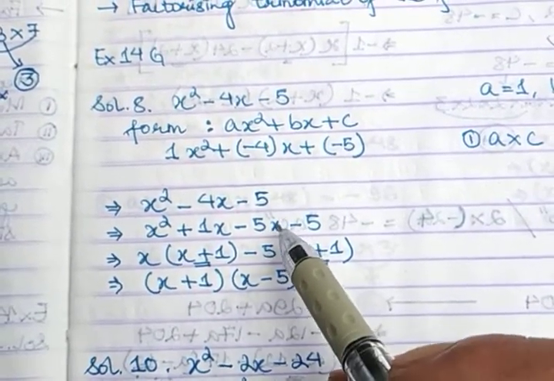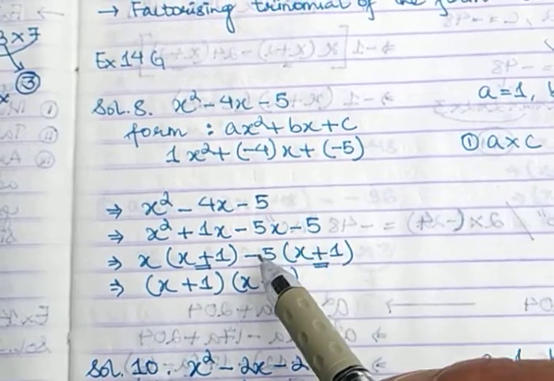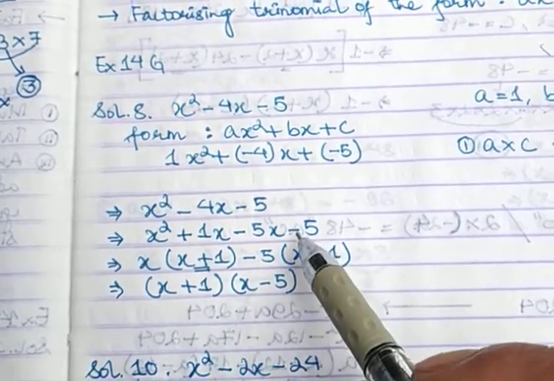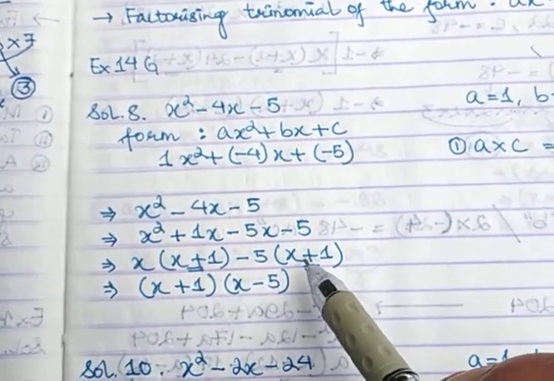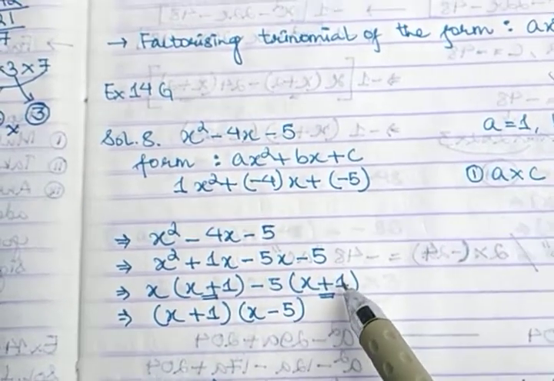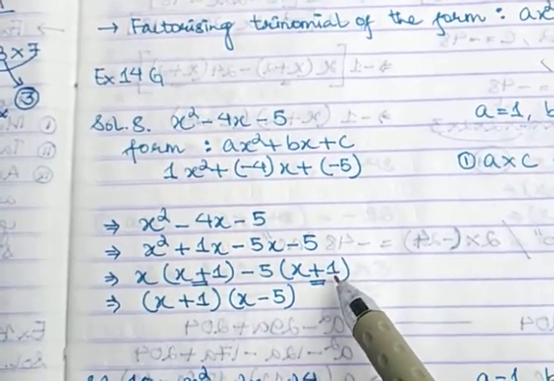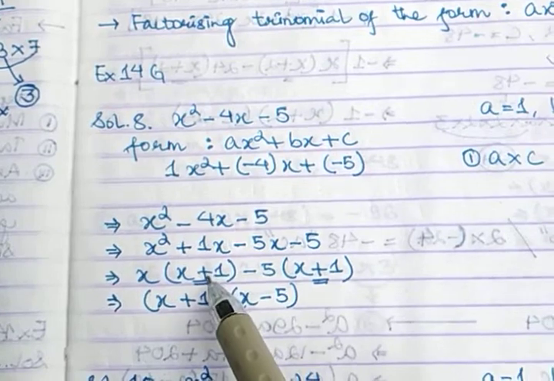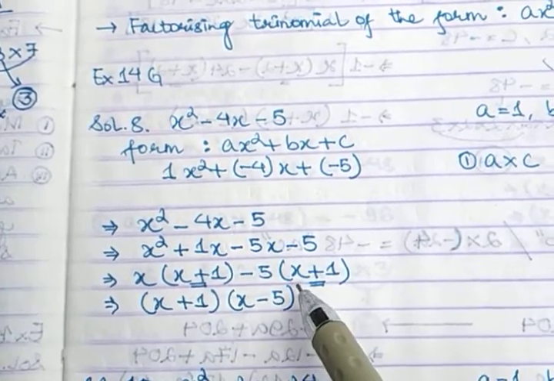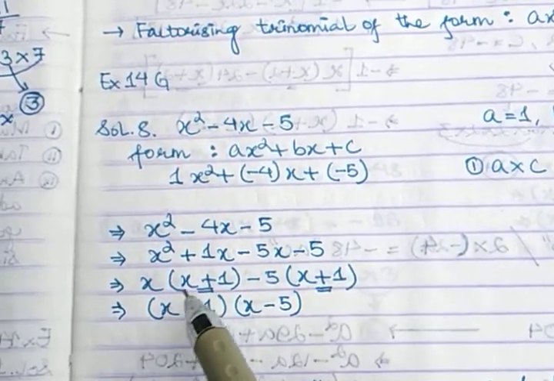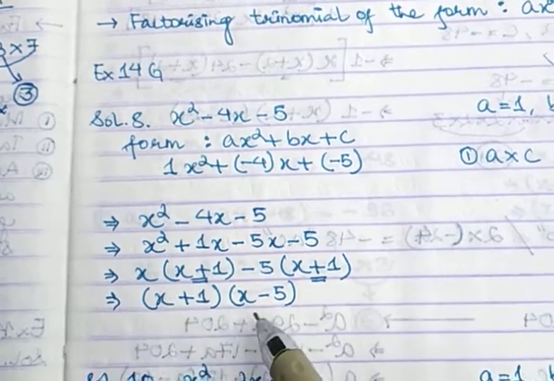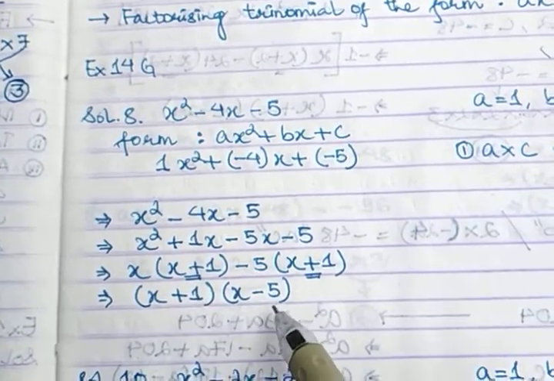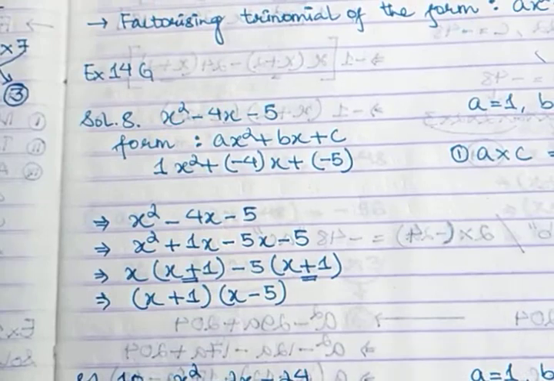What is left from the third term is x; the sign changes because we have taken the negative as common. Since I have taken 5 as common, what is left is 1. So x plus 1 is common. Once I take x plus 1 common, what's left from the first term is x, and from the second, minus 5. So the factors are x plus 1 and x minus 5, and we are done here.